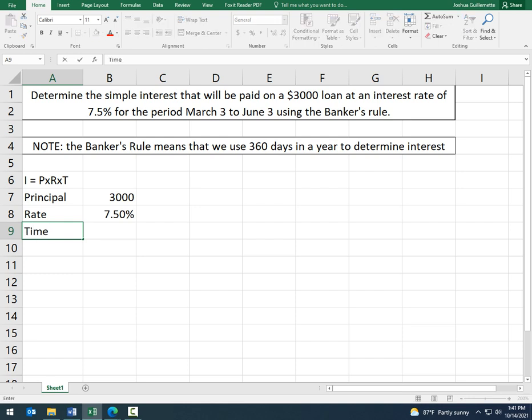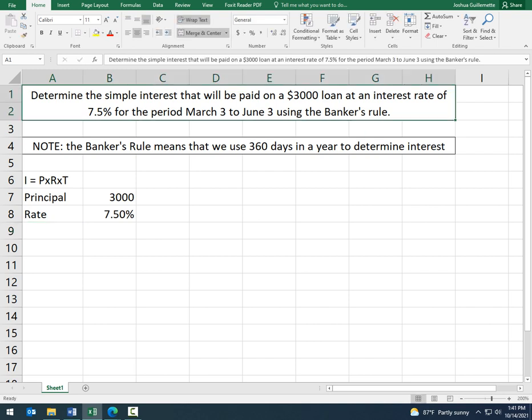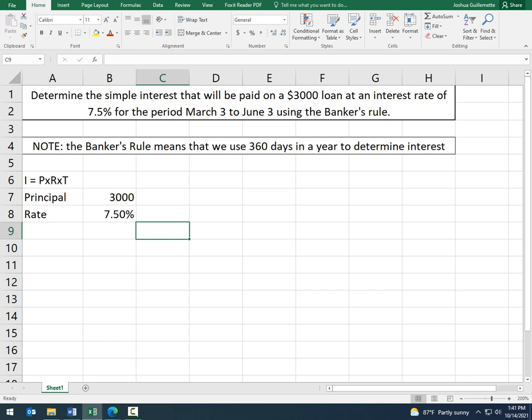Time. Well, I don't actually know how many days this is, right? So really, I'm trying to figure out, how many days is it from March to June? I need to answer that question.